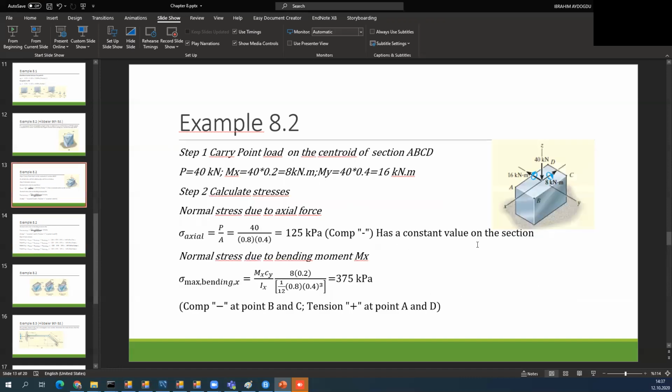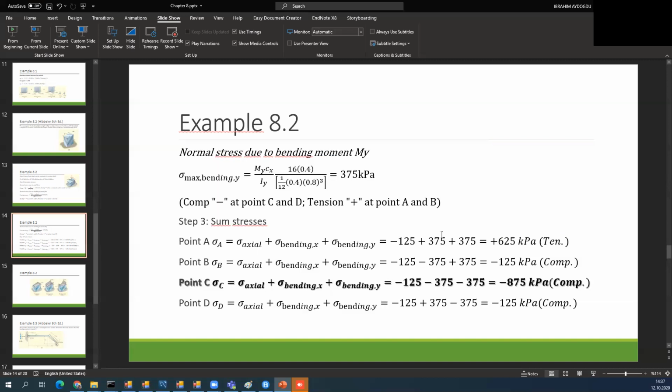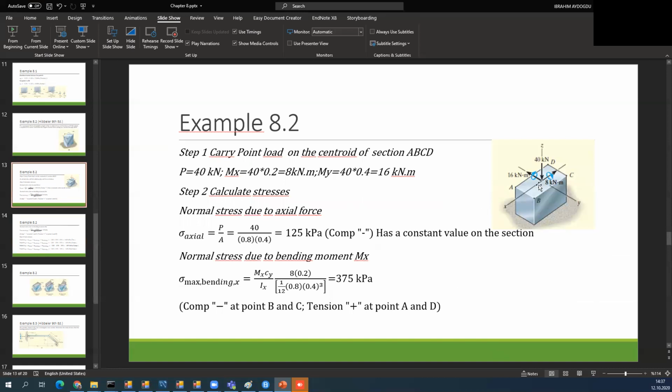For bending Y, in here you can see this part is the tension part. This is the positive 375. This term disappears, and we obtain minus 125 kilopascal. For point C, I want to go in detail, and both are compression.